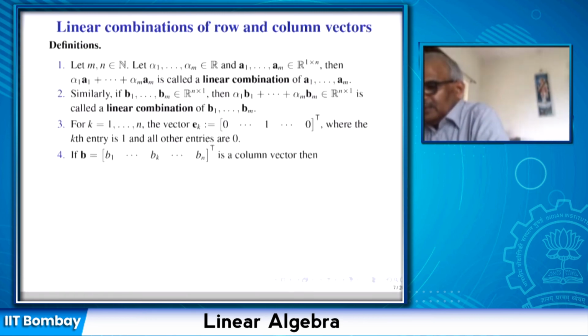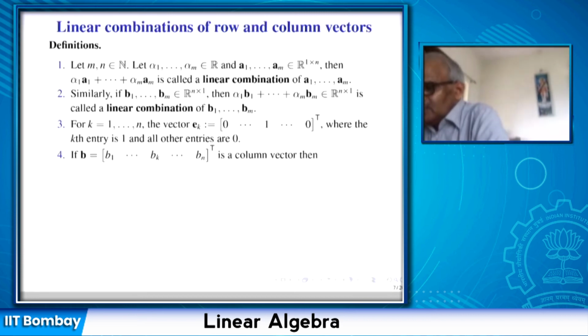And if we have an arbitrary column vector, now you see I have changed. I'm not writing the column vector as a column, but as a transpose of a row vector. So b is a column vector with components b1, b2, bn, but I'm writing it as a transpose of a row vector simply to save space. Okay.